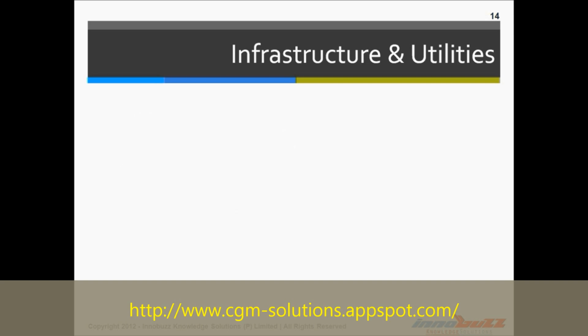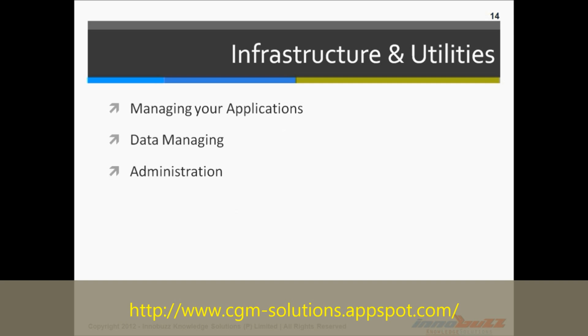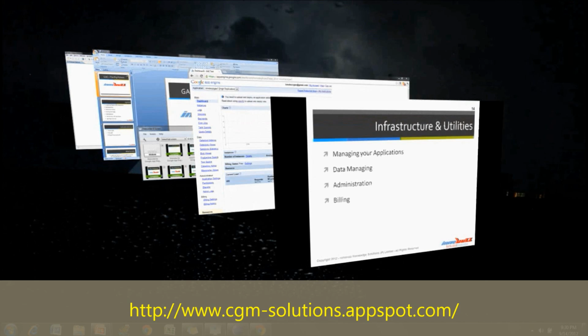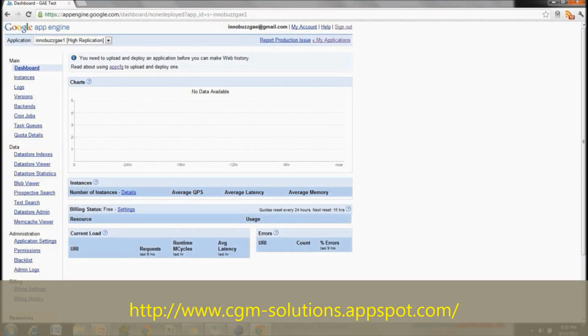Infrastructure and utilities: management of your applications, data management, administration, and billing section. If you go to the previous section, we can see management of your application, which contains dashboard, instances, logs, versions, cron jobs, task queues, and other information.